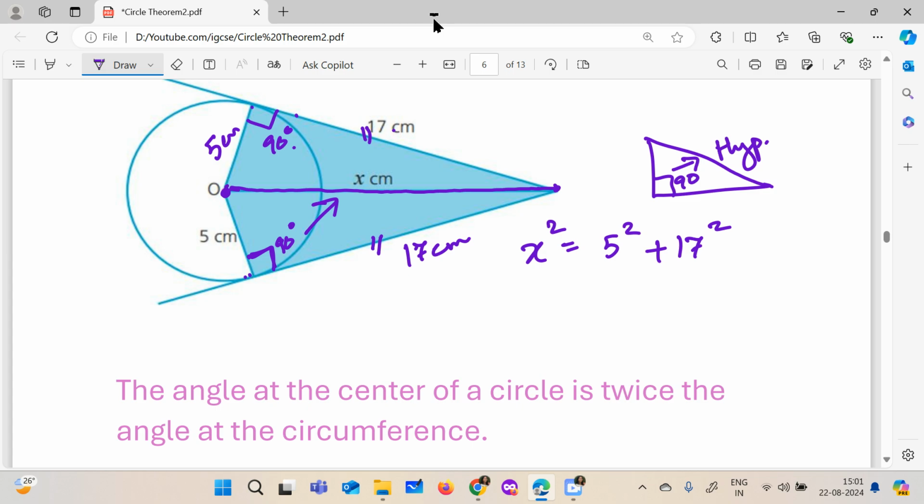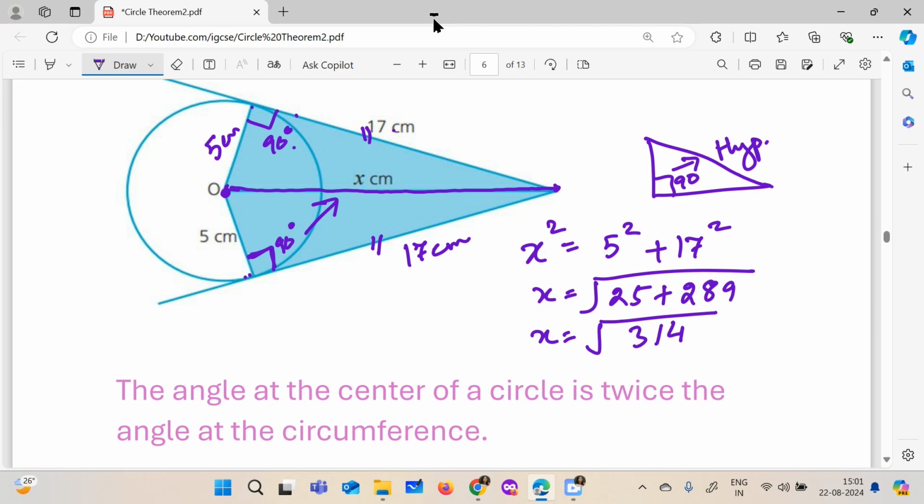So you can write this as x equals the square root of 25 plus 17 squared. What is 17 squared? It is 289. So you get x equals the square root of 314.